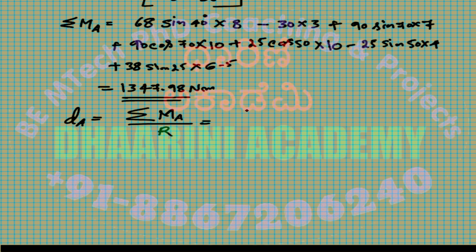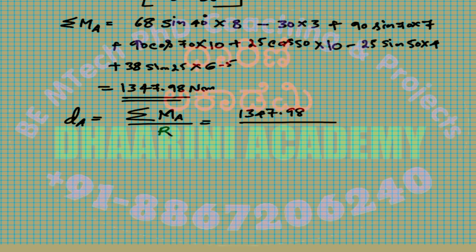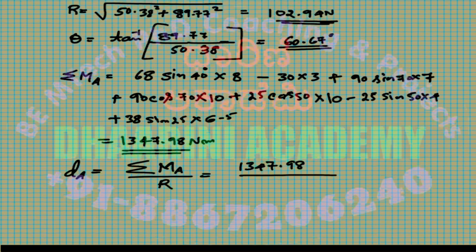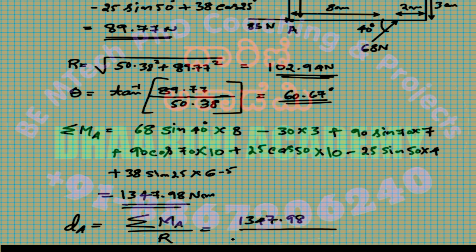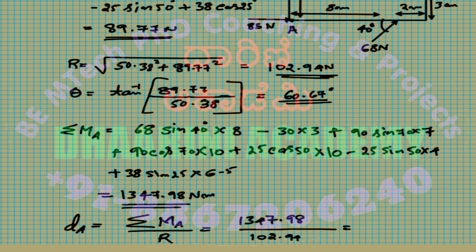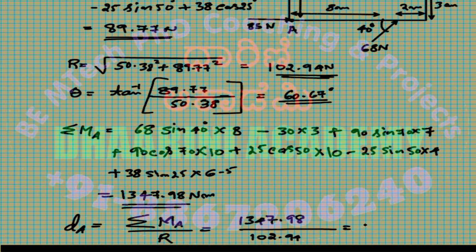So that is 1347.98 divided by, I think we got the resultant as 102.94. So let us substitute that. 102.94. This is 13.09 meters.